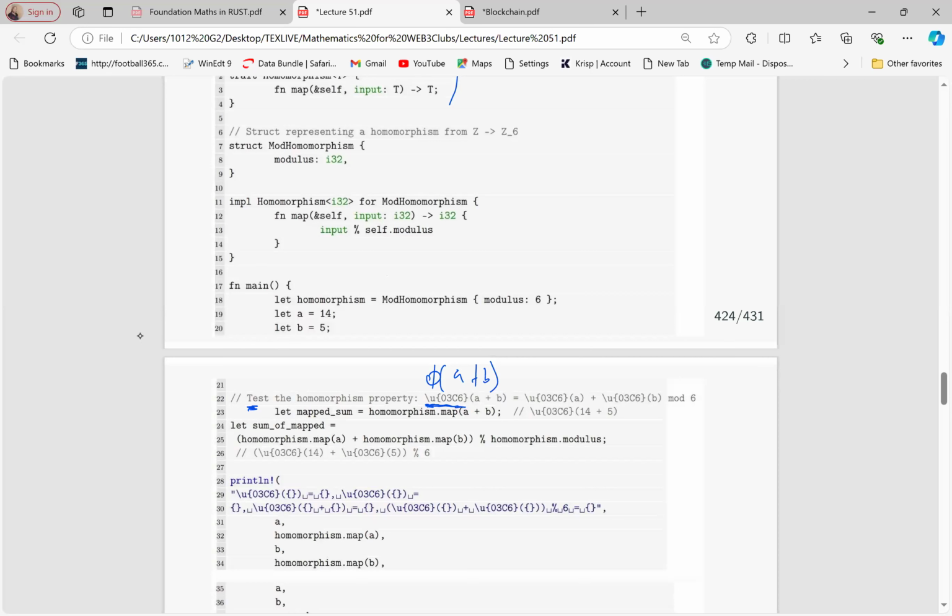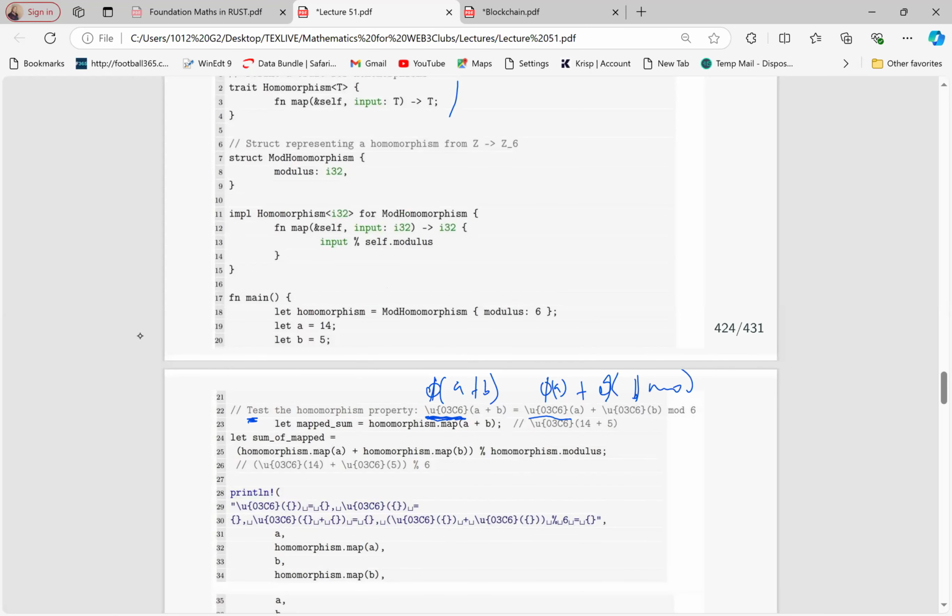Even this one, Rust understands it. When you run this, Rust will understand this as phi. And it's the same thing here. So this is the same as phi of A plus phi of B mod 6. This is the only place that I changed that, just because of the program that I use for writing my notes. It will not accept phi directly.